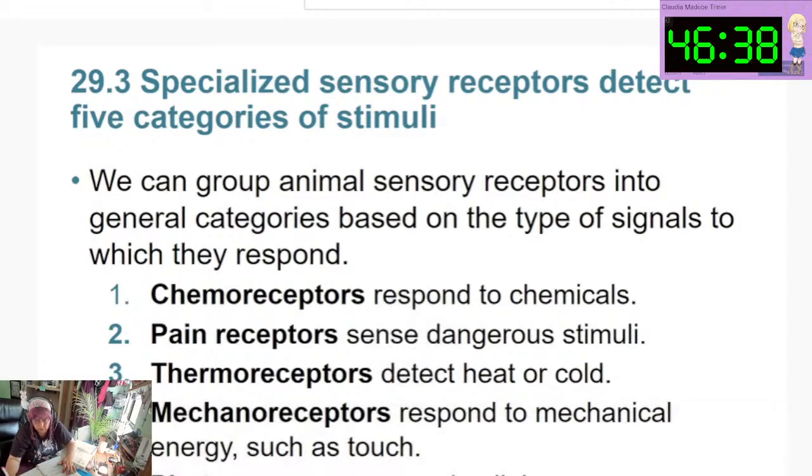Chemoreceptors detect chemicals, pain receptors detect painful signals, thermoreceptors detect temperature, mechanoreceptors detect changes in pressure that relate to things like touch or vibrations, and photoreceptors detect energy of light. So you've heard of at least some of these receptors before in class.